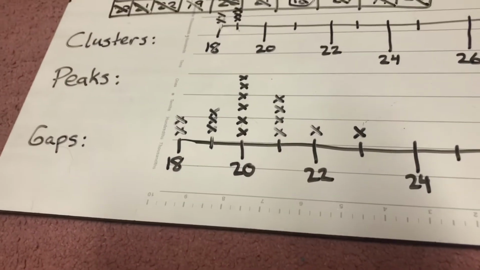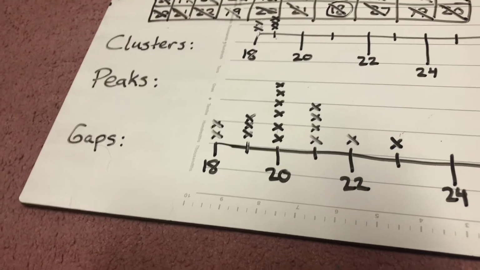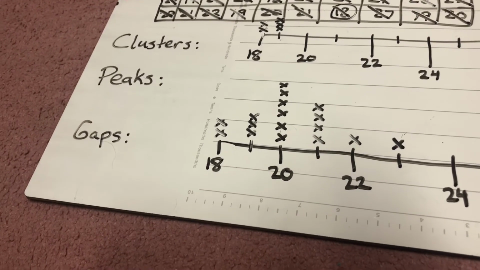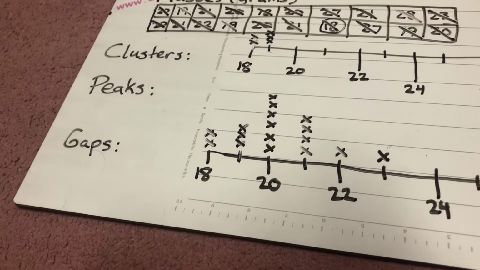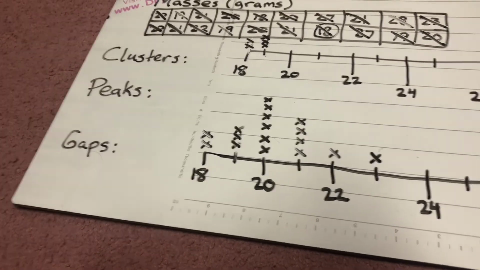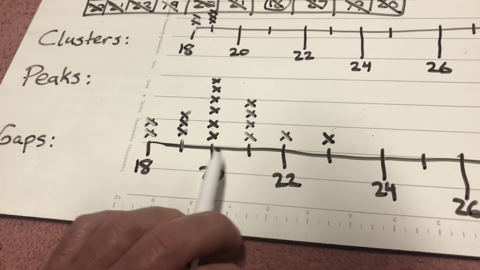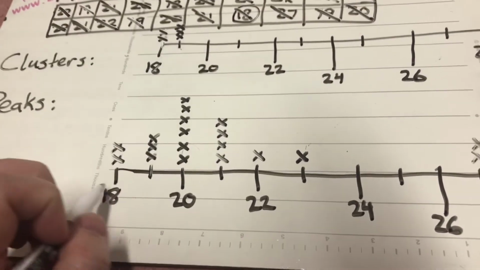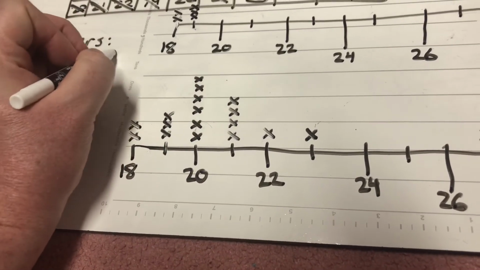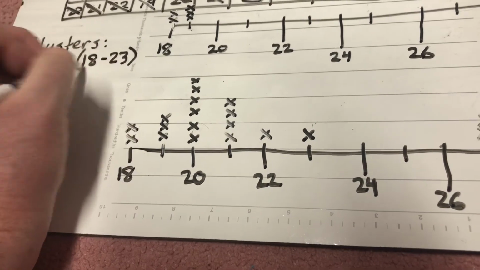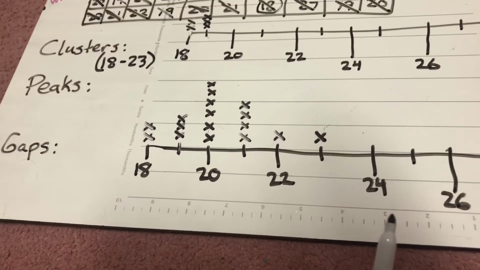Now a cluster, I would say, would probably have at least 3 or 4 together. It would have more than just 2 together. But here we have a cluster that we would say 18 through 23 would be a cluster because we don't have any breaks.